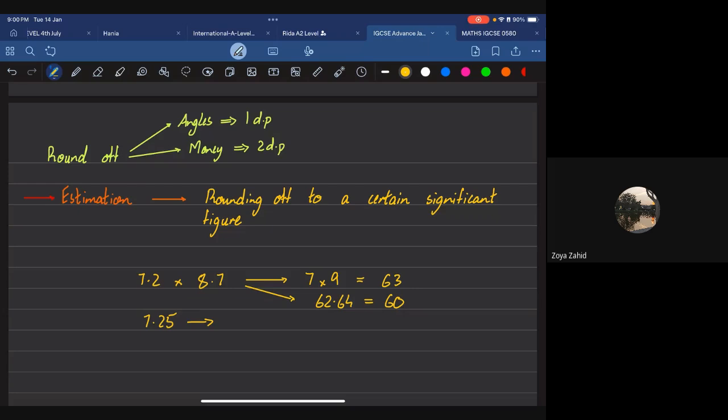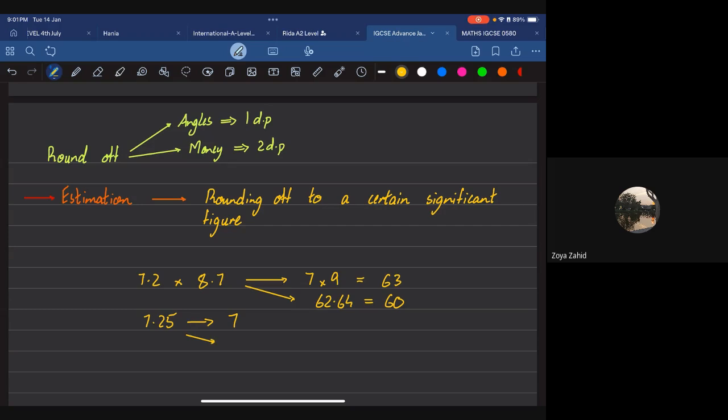Now, for example, Zoya, your question was 7.25, and they will say estimate up to one significant figure, then round it off to a 7. The examiner will obviously mention it. If he doesn't, then you have the choice, whatever you want to do. But obviously, the examiner is not that lenient. He is always going to tell you what you have to do.